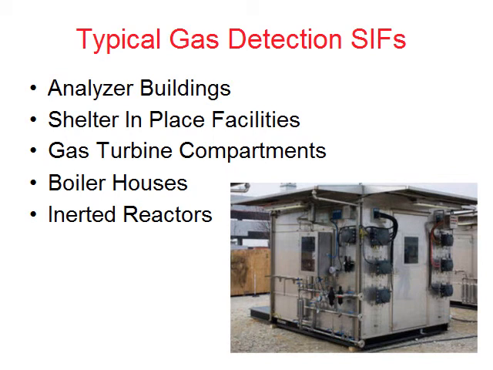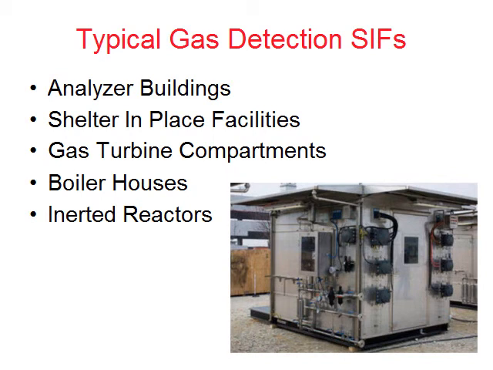A shelter-in-place facility, it's going to be looking for those toxic gases and stopping the ventilation if it senses them in the ventilation system. Gas turbine compartment, it's looking for leaks, and if there's a leak, it's going to trip the turbine. Boiler house is again looking for a leak and annunciating and tripping the system if necessary.